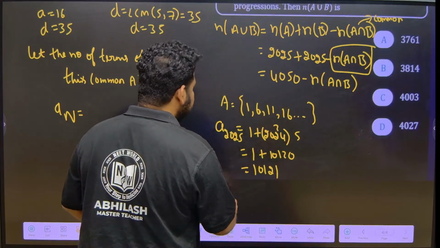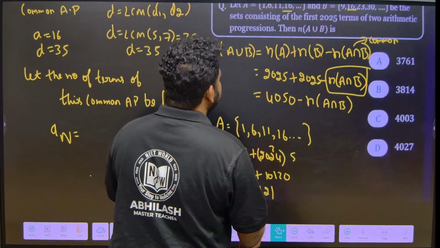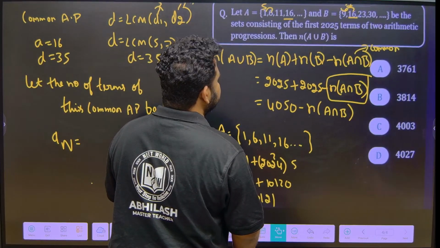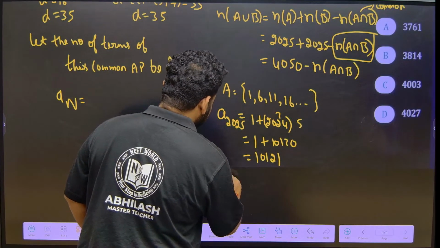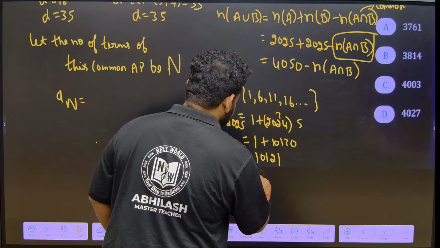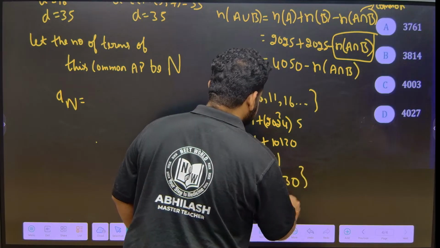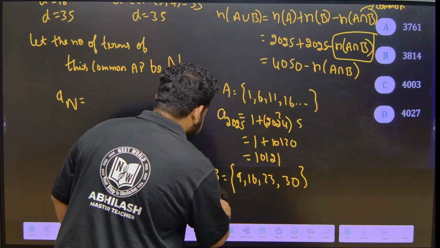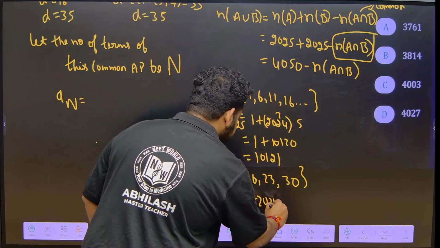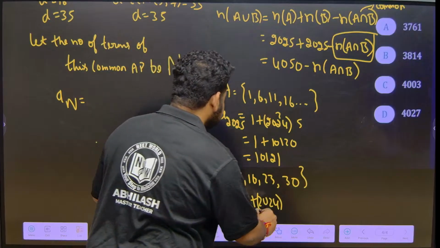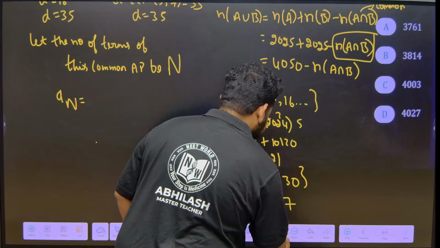Now let us take the other AP that is given. B is equal to 9, 16, 23, 30. So for A2025 of this, it will be 9 plus 2024 times D. D is here 16 minus 9, which is 7.